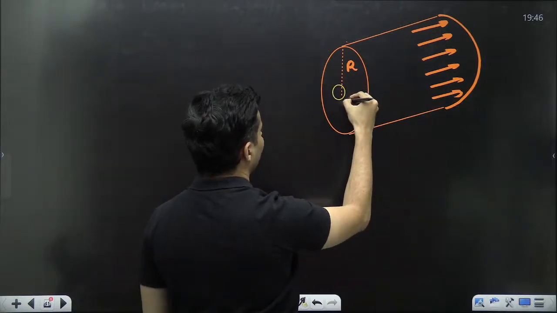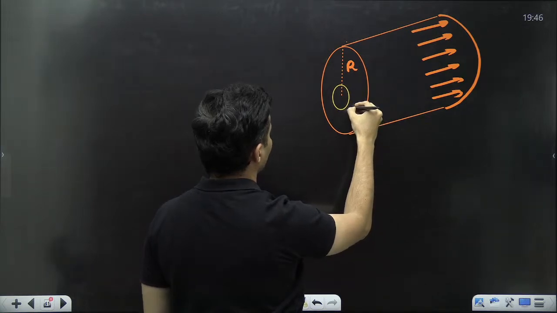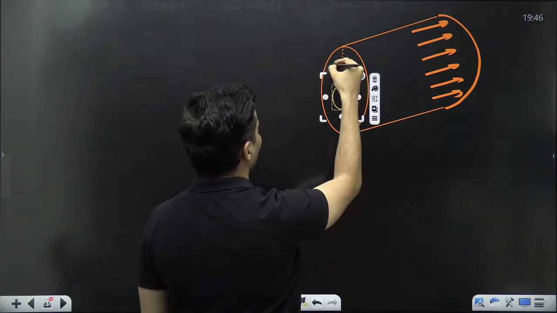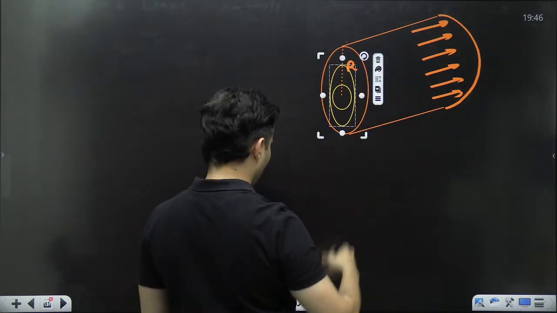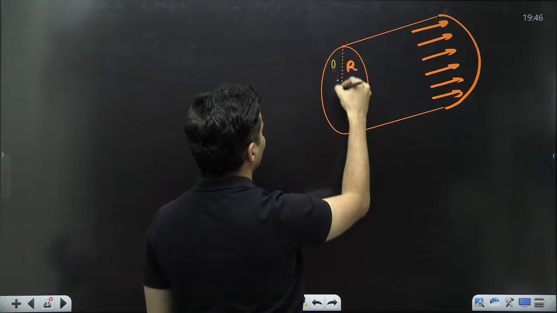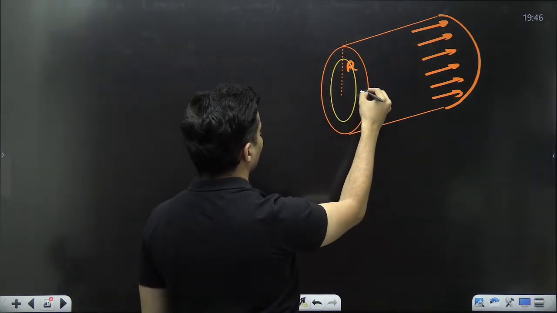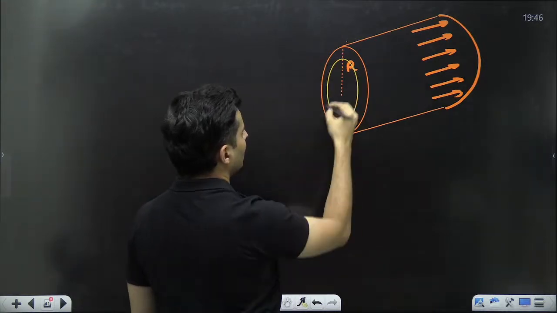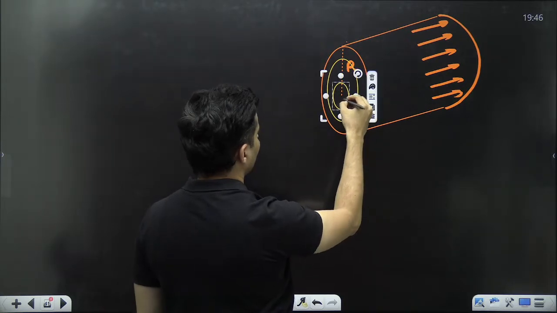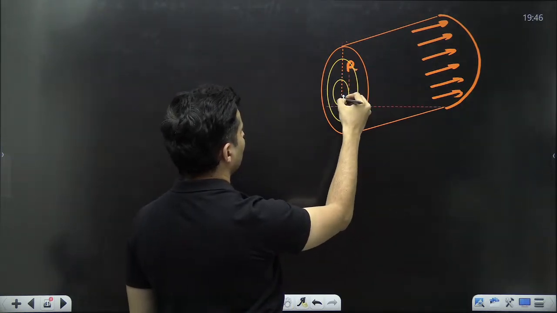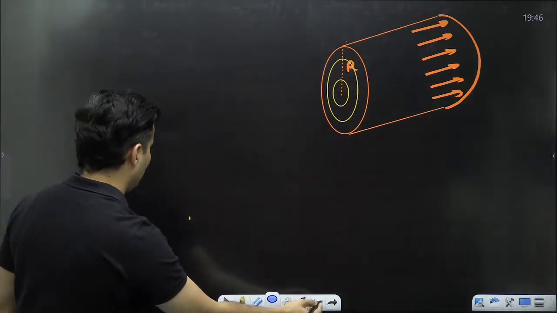There is definitely a circular field over here also, something like this. This is how the magnetic field lines will look.